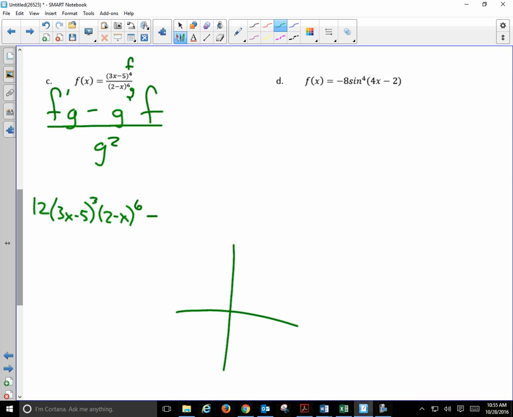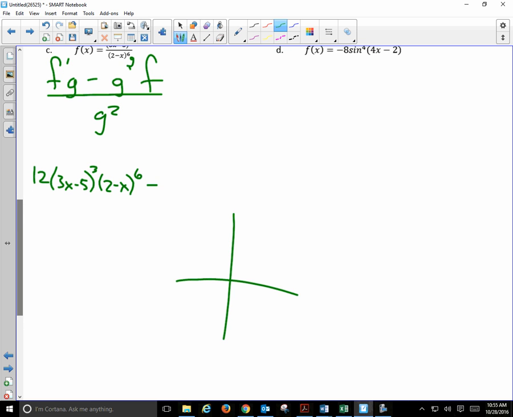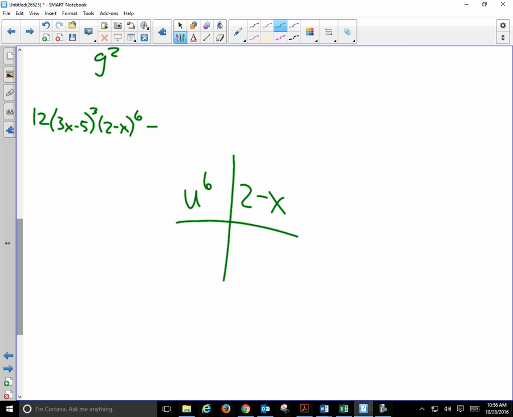Now we'll go minus. So now I've got g prime. So now I take the derivative of the bottom, which is 2 minus x, u to the 6th and a 2 minus x. What are those derivatives? -1, right? So when we multiply those together, we get a -6.